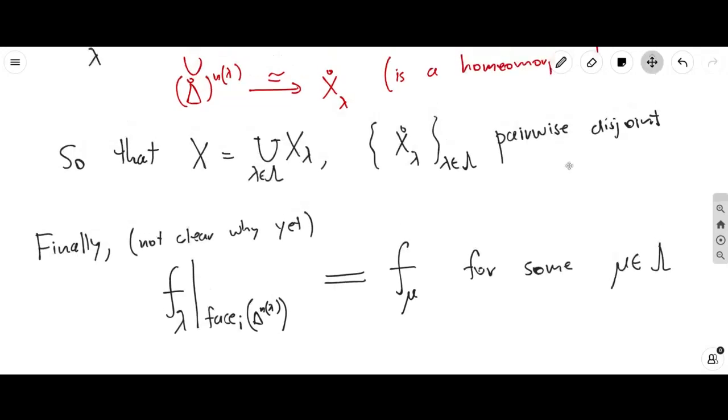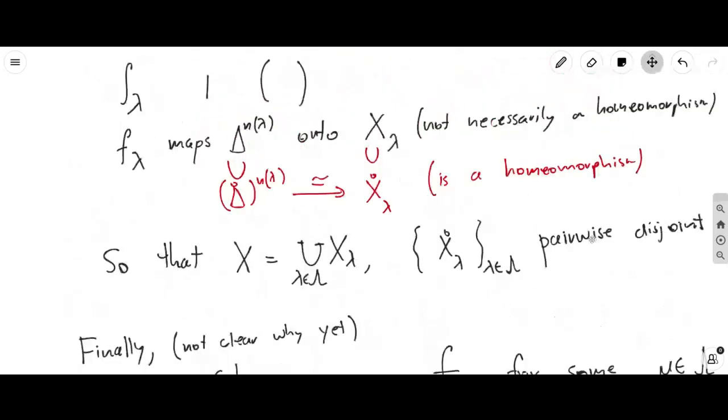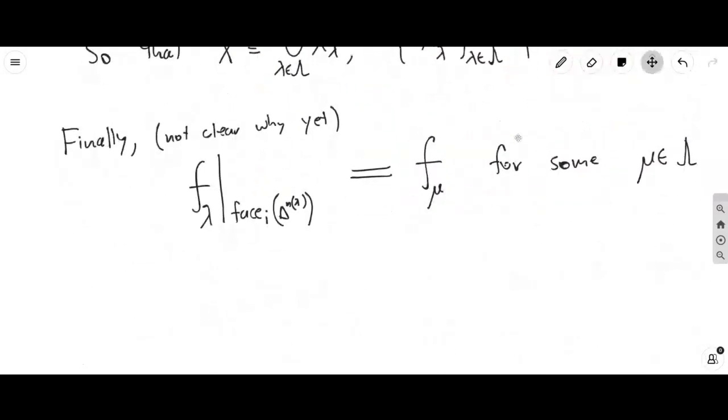So basically, you have these maps defined on that simplex. If you restrict these maps to any one of the faces of the simplex, that would then give you another map in the list of maps that you have in this weaker type of triangulation.